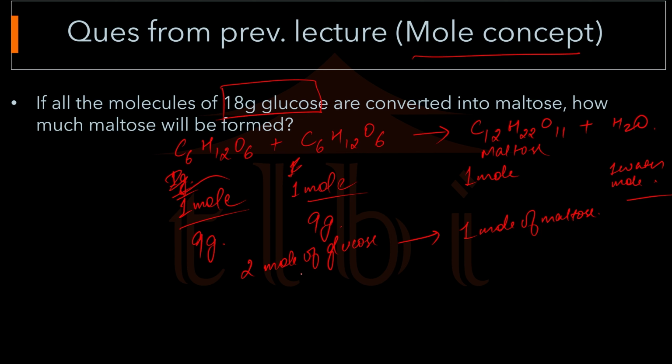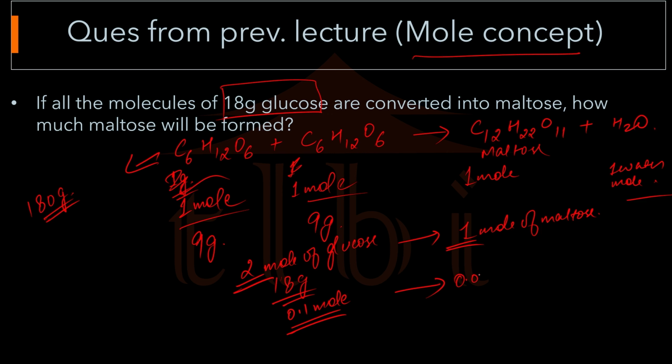Now the molecular weight of glucose you can calculate from here. It will come about 180 grams. That means 18 gram will have how much? 0.1 mole, right? That means 0.1 mole will give how much maltose? 2 moles are giving 1 mole, so 0.1 mole will give 0.05 mole of maltose. So far so good.